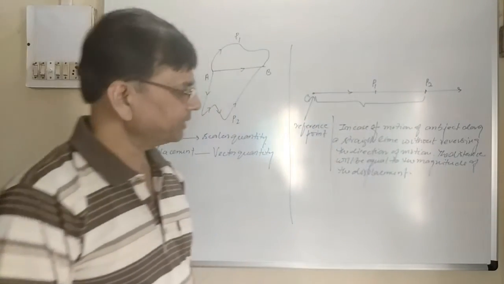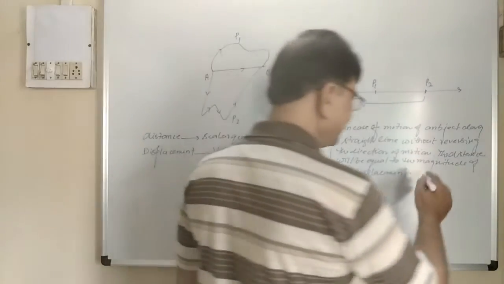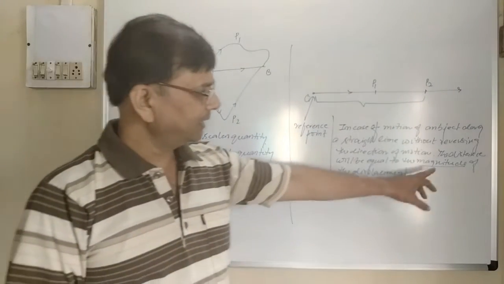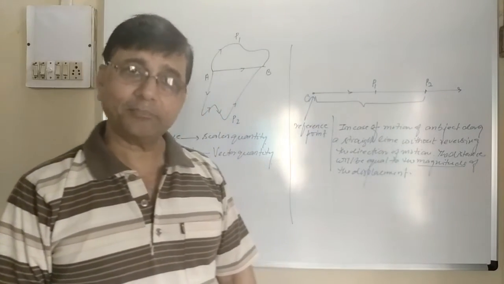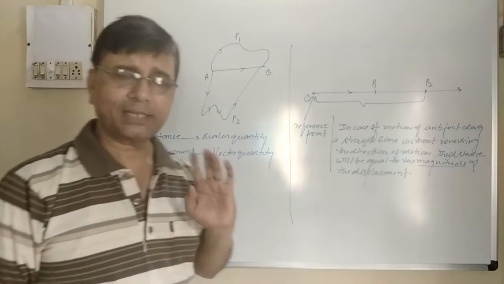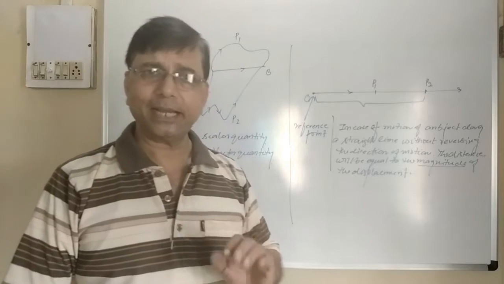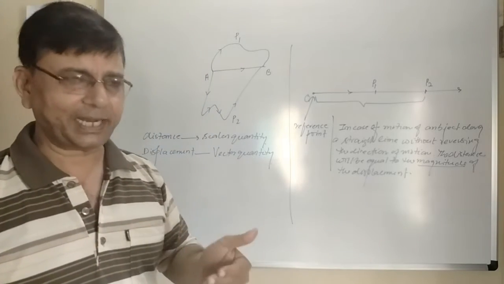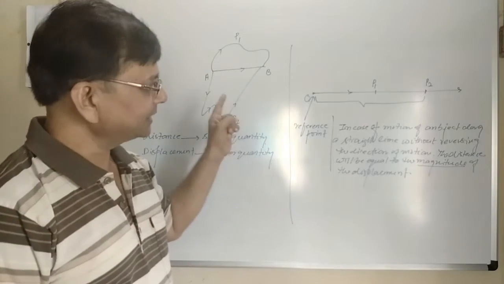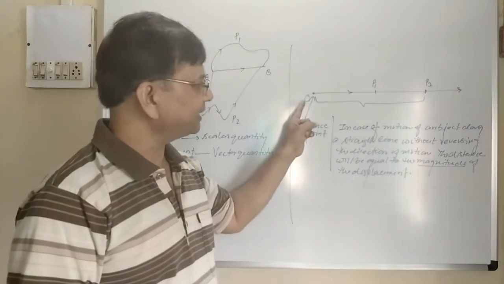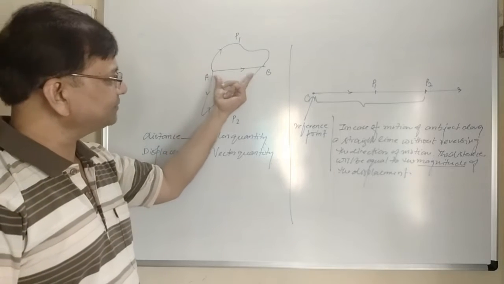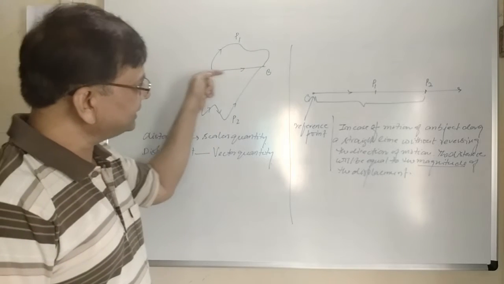It is very important. I have mentioned the word magnitude of the displacement. Why did I write magnitude of the displacement? Because displacement is a vector quantity. As I said, vector means it has got magnitude as well as direction. From O to P2, a certain direction is there for displacement. Here from A to B, when we measure displacement, it means we have to go along this line only.